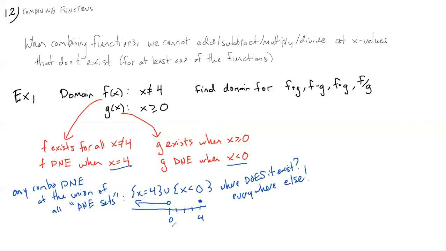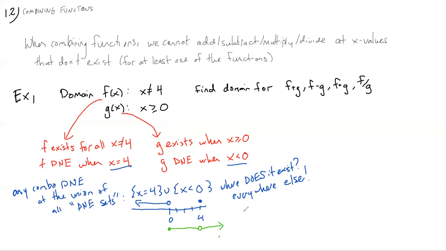I don't want anything left of 0, but I do want 0 because it's not included in that set. And then I need everything all the way to 4, but I need to skip 4 and then go on like this. I'll need 2 intervals because they're 2 separated regions, and that's our answer here.